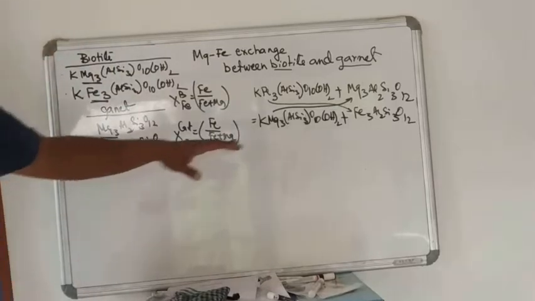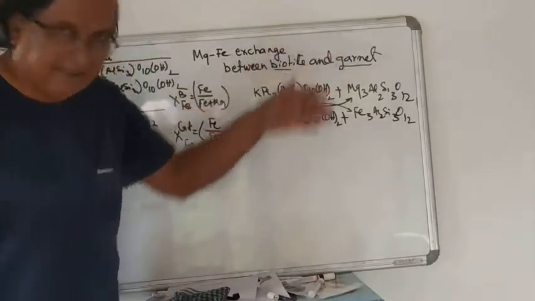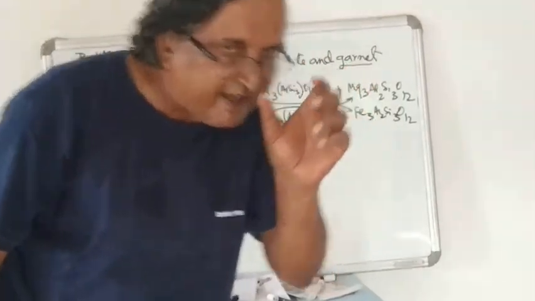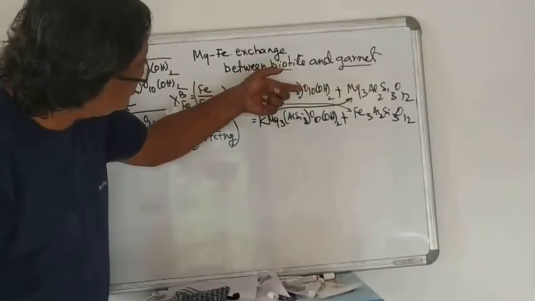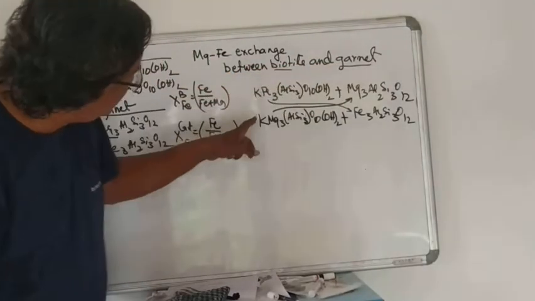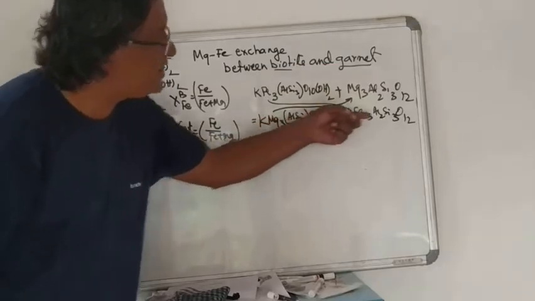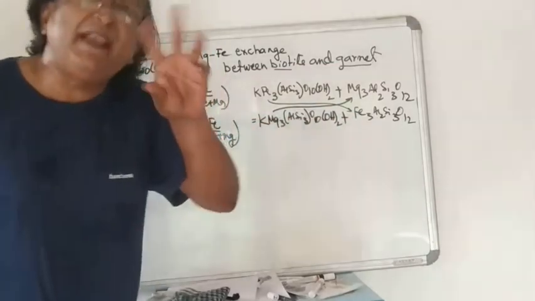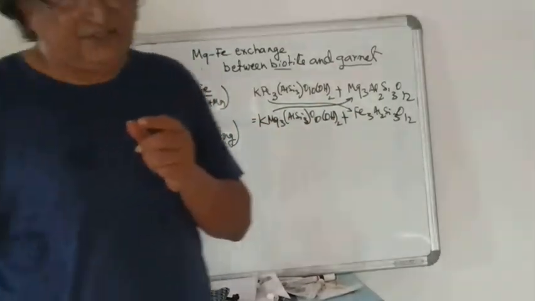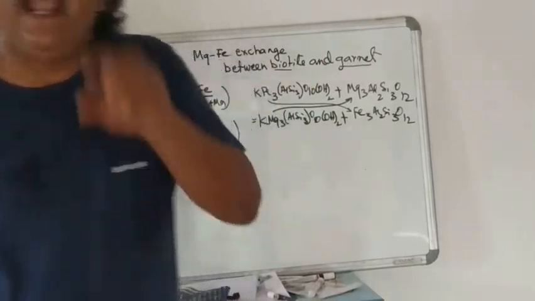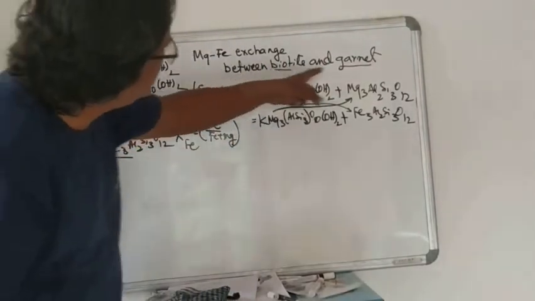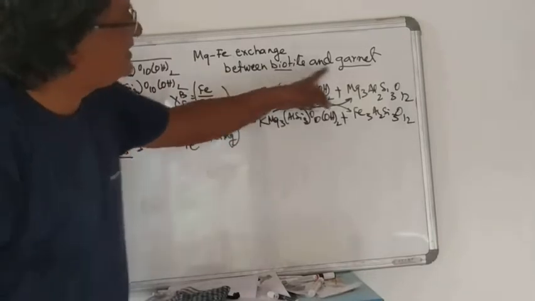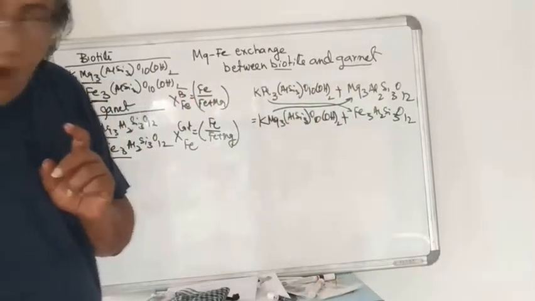So essentially the phases, mark my words, the phases. Here the phase is biotite and garnet. On the other side of the equal sign, the phase is biotite and garnet. But the phase components are interchanged. So this is called an exchange reaction. And you will see they are all balanced.